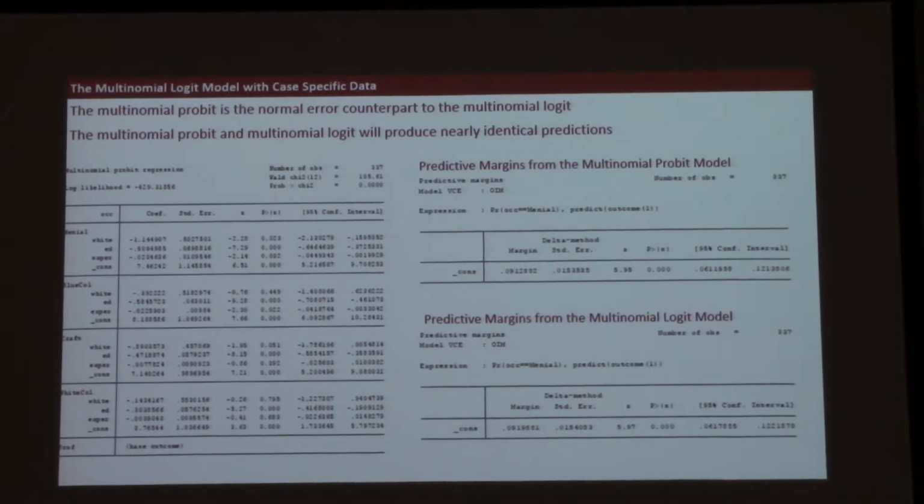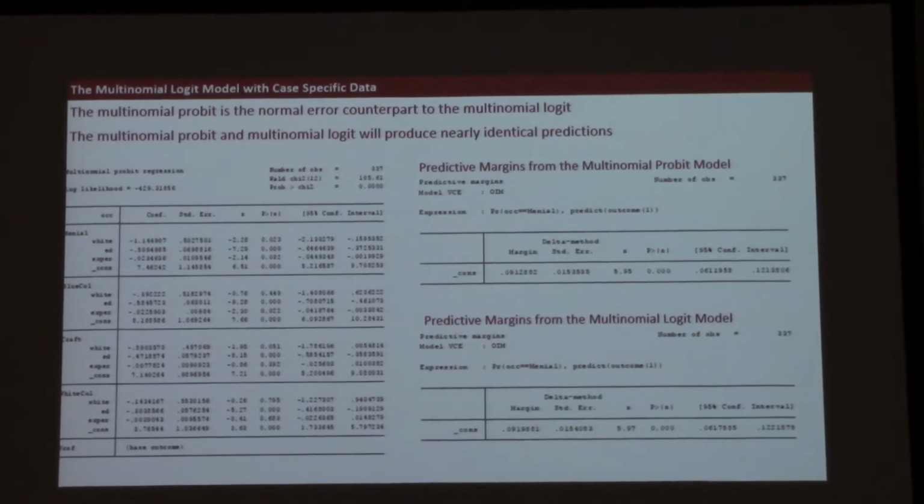And you can see that 0.09128, 0.091988, so pretty close. Remember when we did the logit versus the probit, they were virtually on top of each other. So the multinomial probit and the multinomial logit are going to produce nearly identical results.